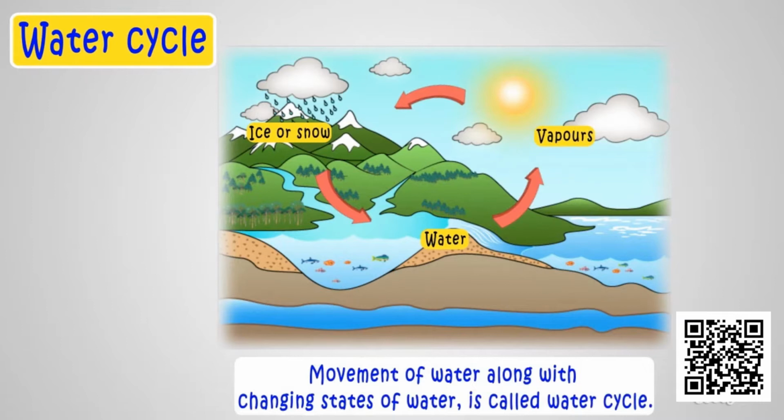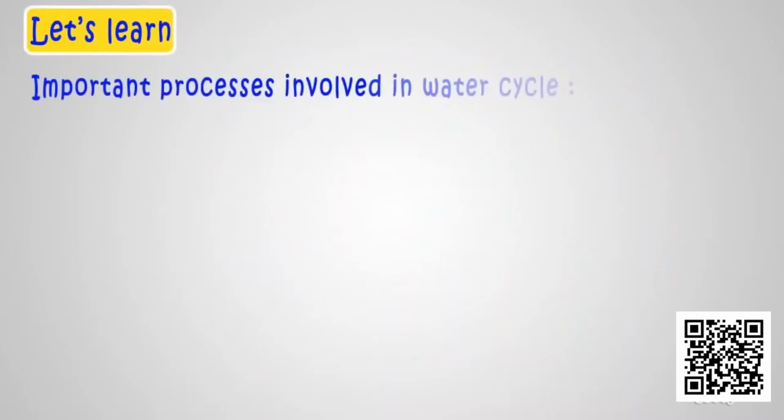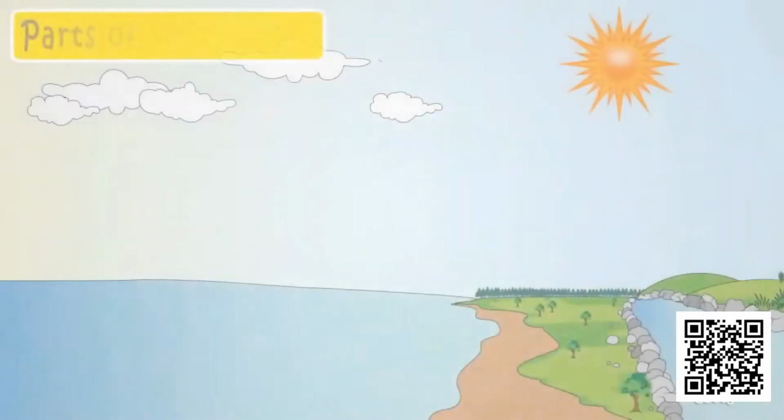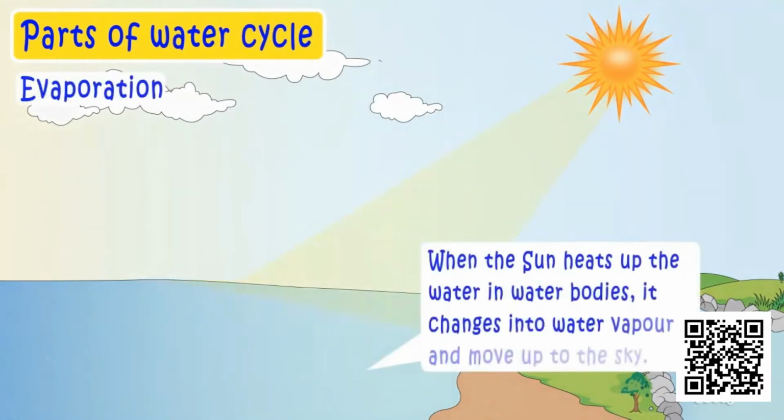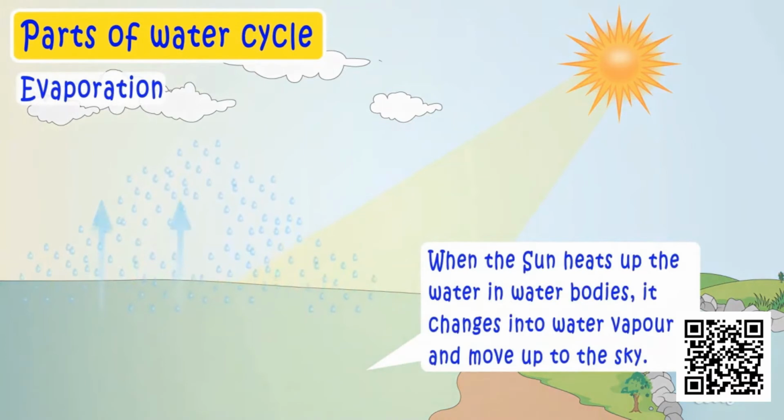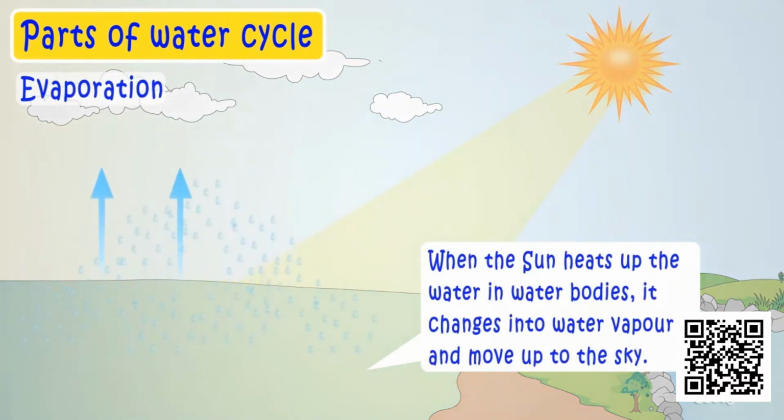Before we actually learn what is water cycle, we will learn about the important processes involved in water cycle. First is evaporation. When sun heats up the water in water bodies, it changes into water vapors and moves up to the sky.